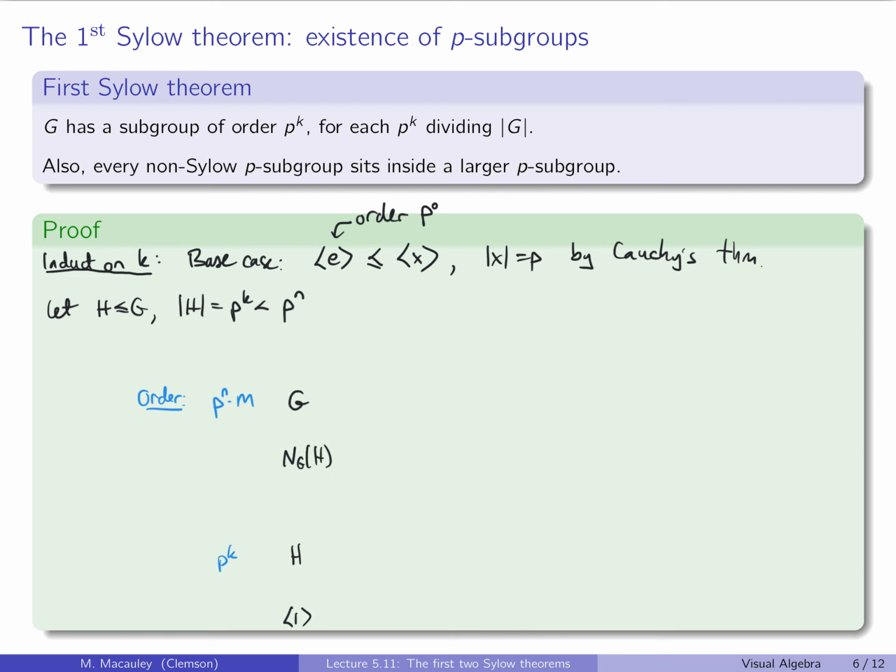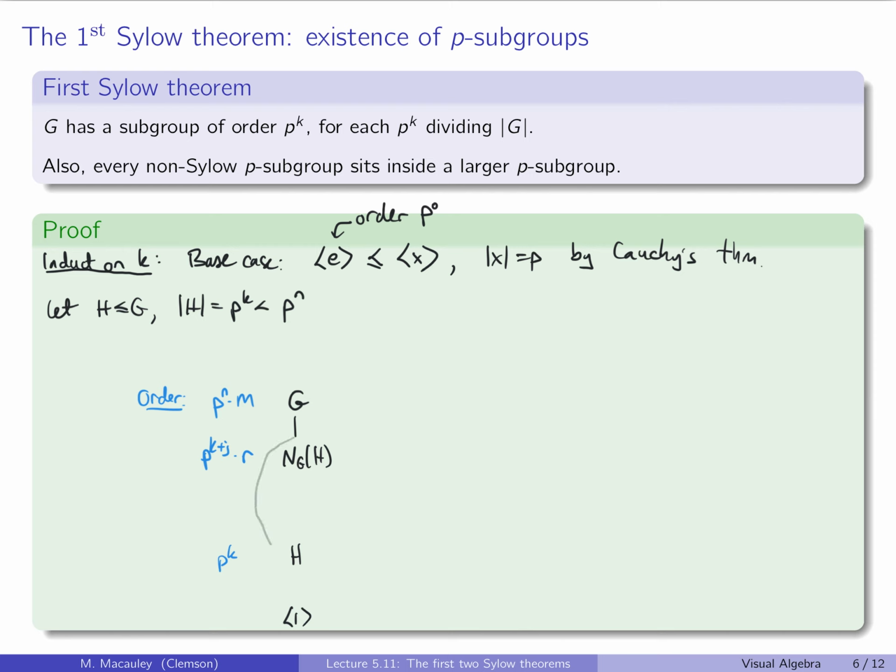And this has order p to the k plus j, where j is bigger than 0, times, let's say, r. And we know that H is normal in the normalizer. And what that means is that we can quotient out by it. We can't guarantee that H is normal in G, but again, it's always normal in its normalizer.